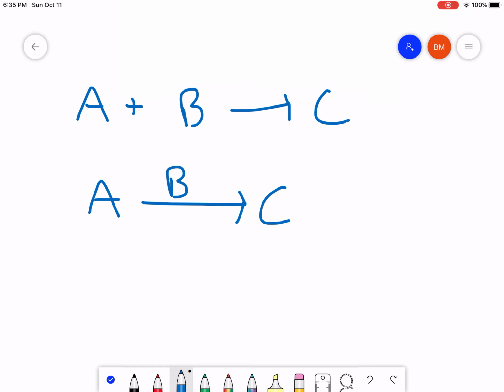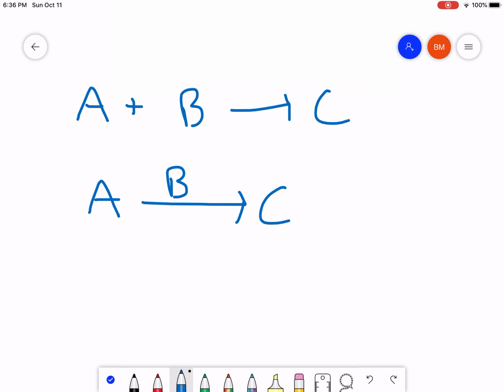It just saved a plus sign, but this is the common way of doing it in OChem. Basically, when you write something on top of a reaction arrow, such as this one, it implies that that is a chemical reactant, and you're reacting it with whatever else is on the left side of the arrow. So this says, literally, A plus B yields C.